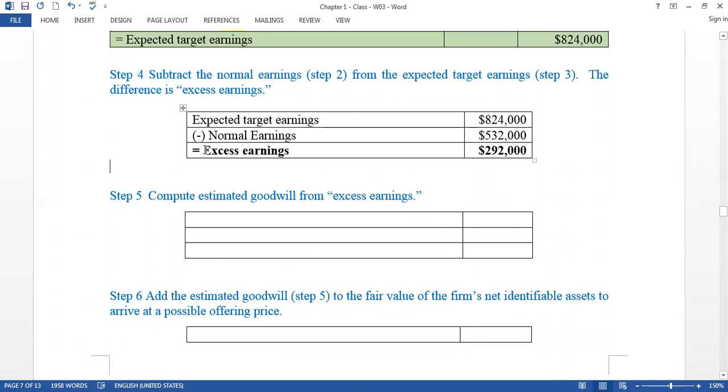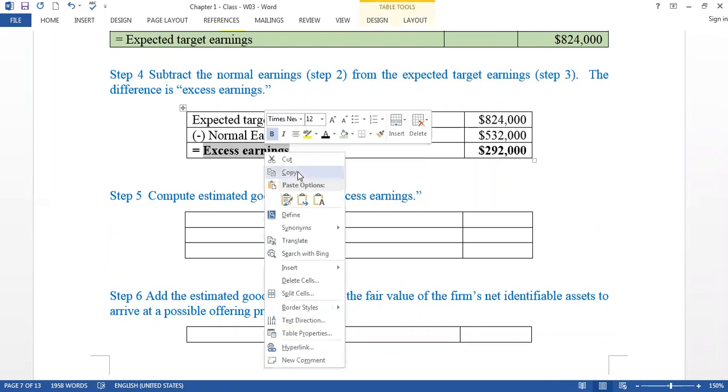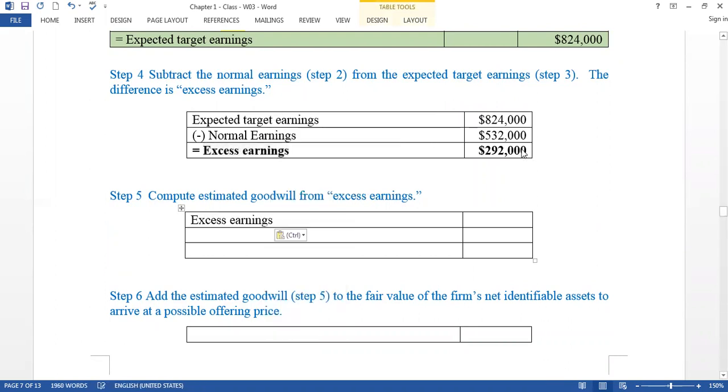So how to do that? This is our excess earnings, and it is going to be multiplied by the factor. How to calculate this factor? We're going to use the present value of an ordinary annuity, right? 7 years, and what is our discount interest rate? 15%.